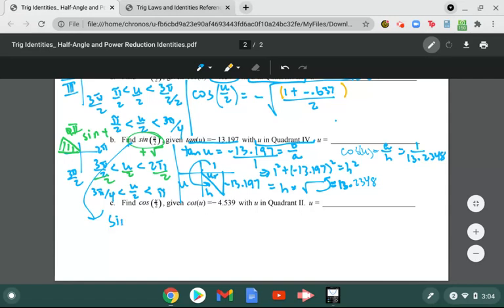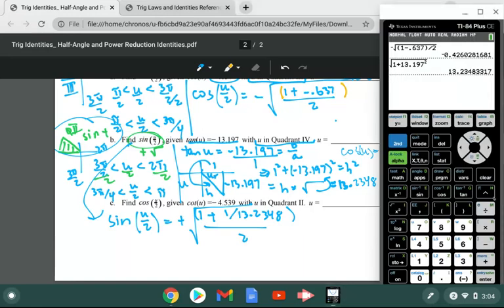So I've got that the sine of u divided by 2 is equal to, we decided that we're in quadrant 2, where sine is positive, so positive square root of 1 plus cosine, which is 1 divided by 13.2348, all over 2. I need parentheses around that numerator to put it into my calculator.